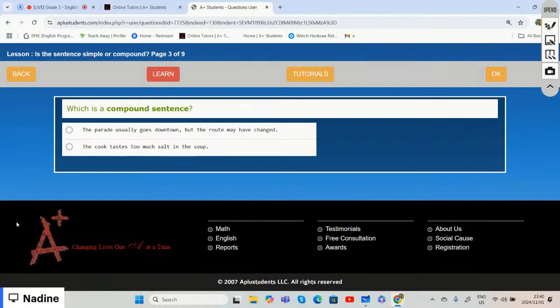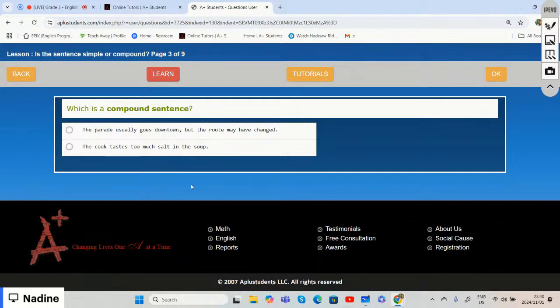A compound sentence. And if we look at our correct option, we'll go with option one. So we'll go with option one, and option one is the parade usually goes downtown, but the route may have changed.